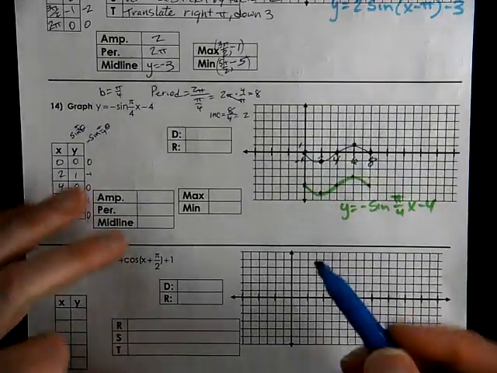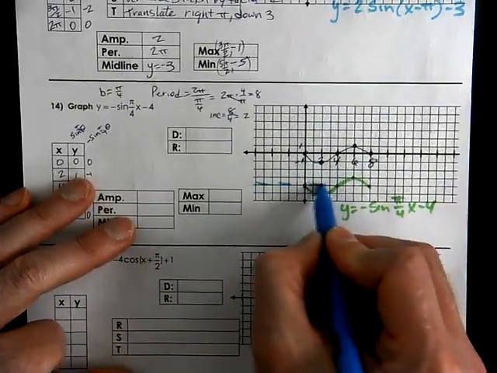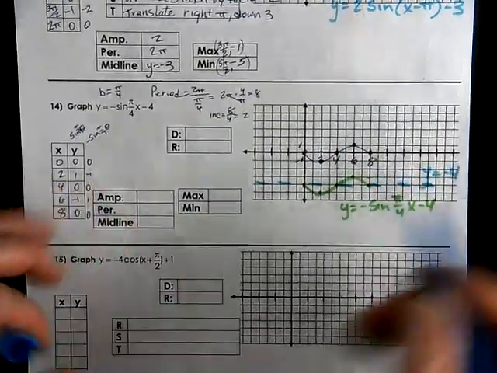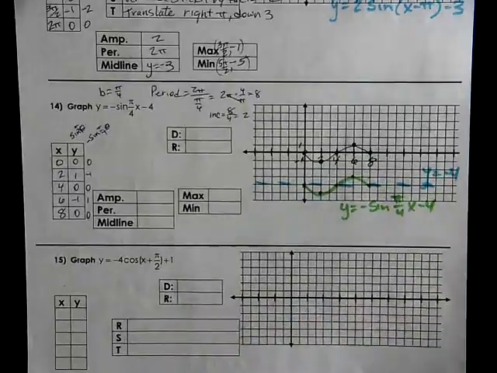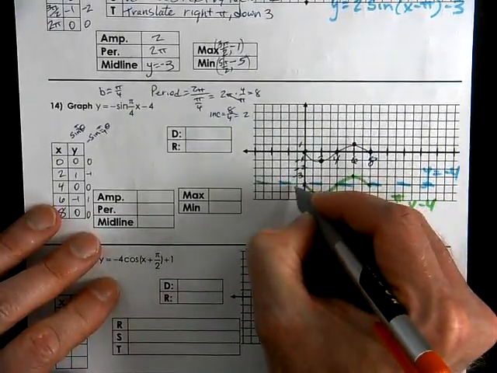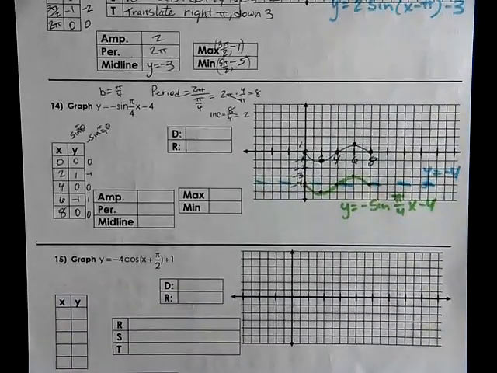That's going to have a midline at y equals negative 4. This would be negative 2, this would be negative 3, this is negative 4.